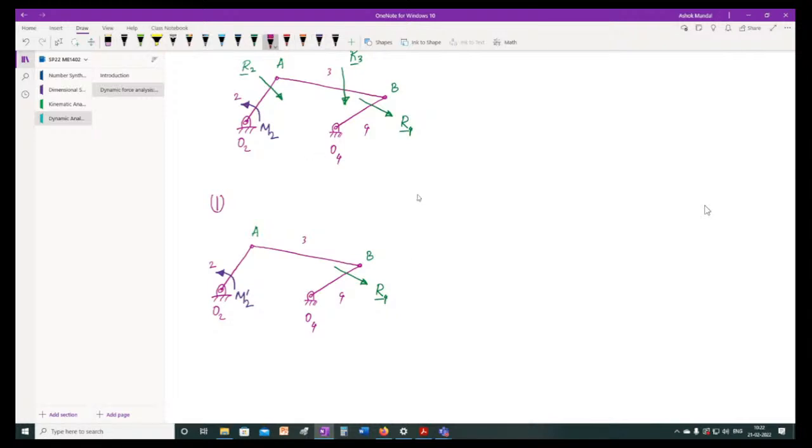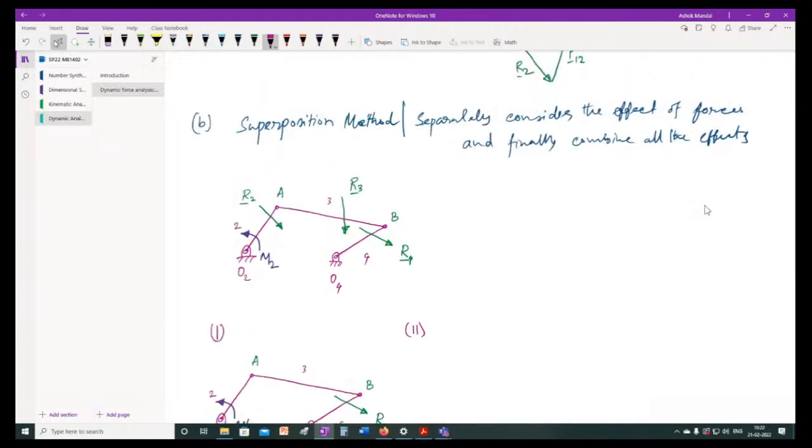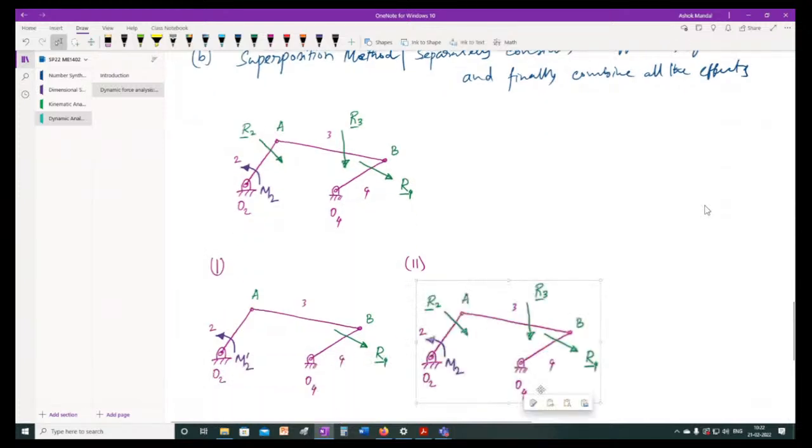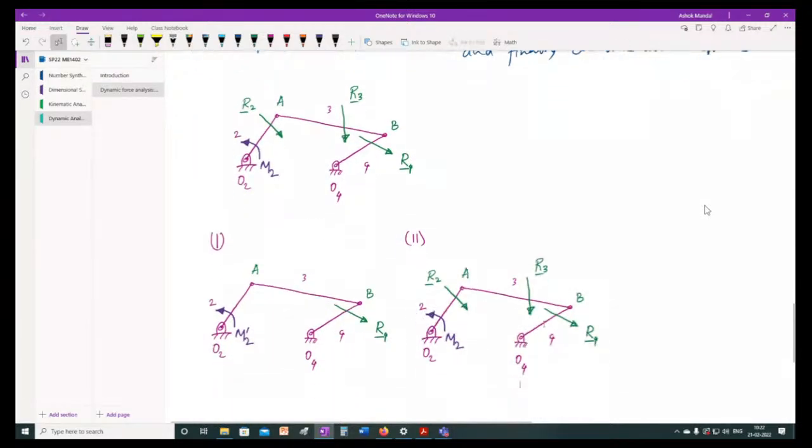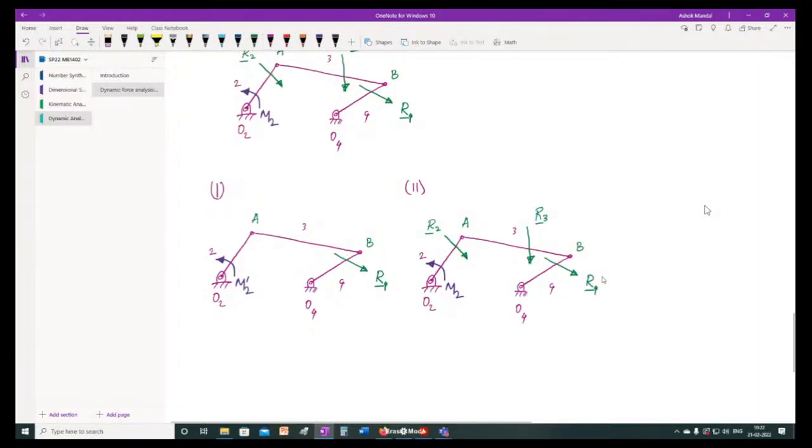Second step, we'll take the same diagram, and now we will consider only R3. We will not consider R4. We will consider only R3.